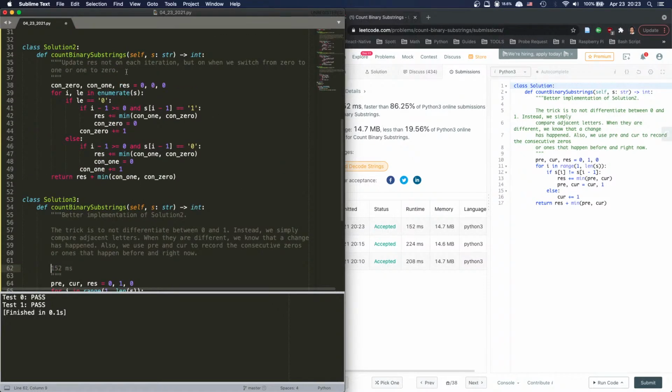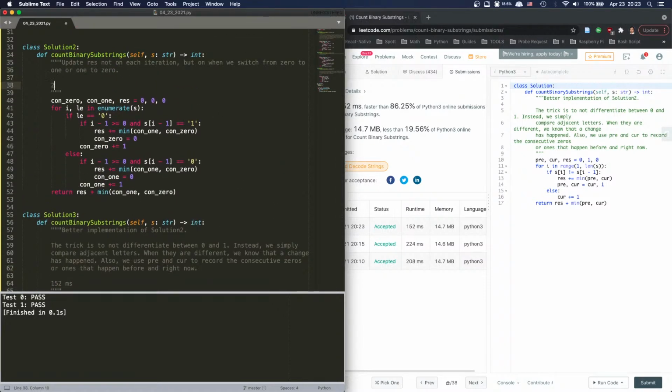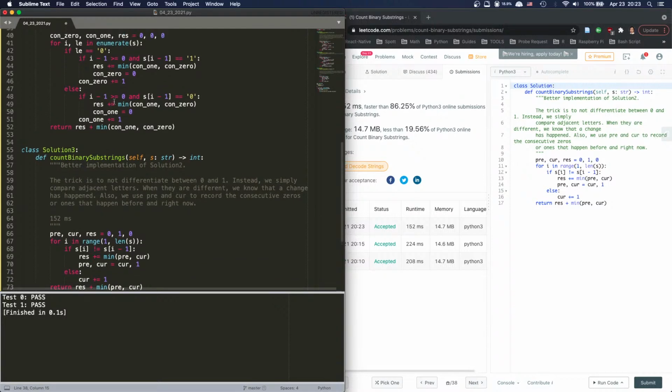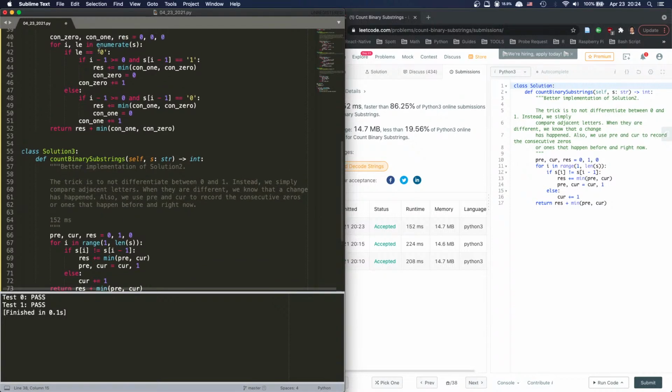This one's 224. Because every time we do a check, I have to do this, I have to do this. Either way, I have to go through a lot. But here, this one only goes through 1.